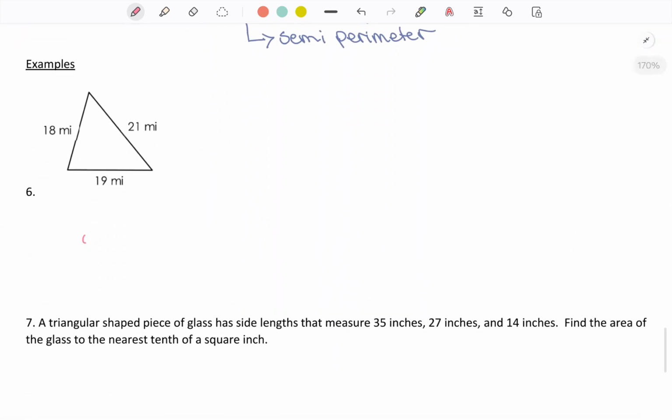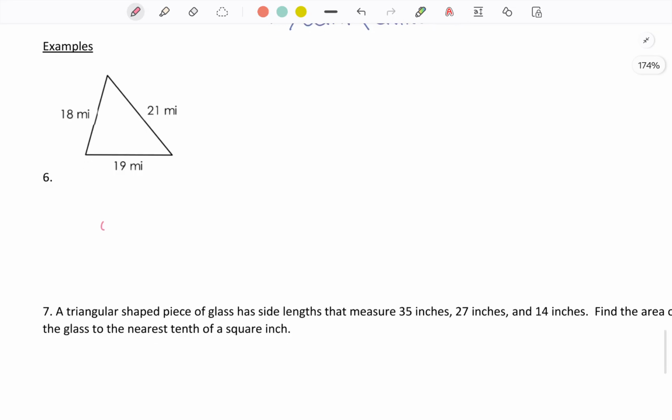So it's just another workaround when you're given 3 sides if you really don't feel like using the law of cosines. So now we are going to use Heron's formula on number 6. So the first thing we have to do is find that semi-perimeter. So S is going to equal 1/2 of 18 plus 21 plus 19. So that gives us 1/2 of 58, which is 29.